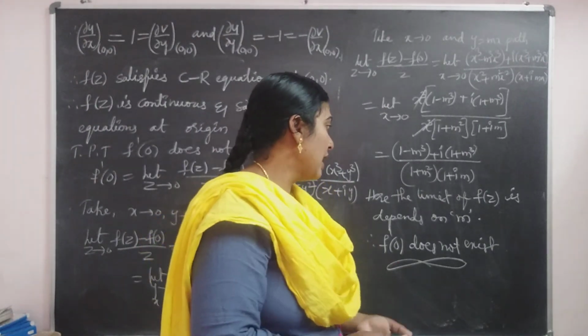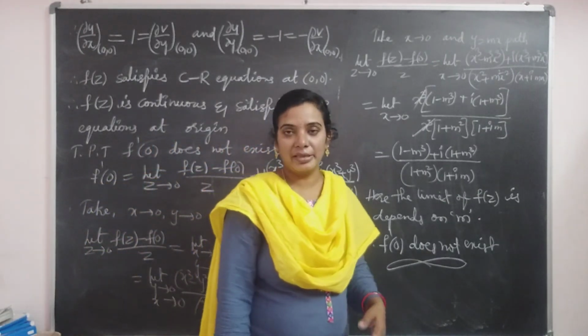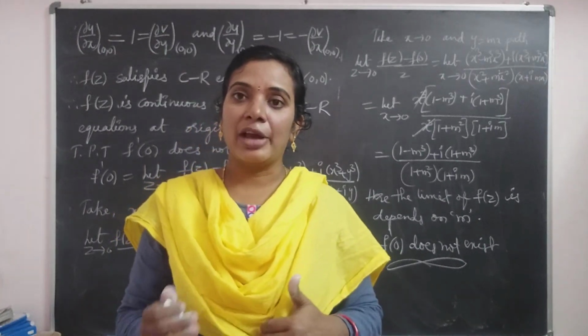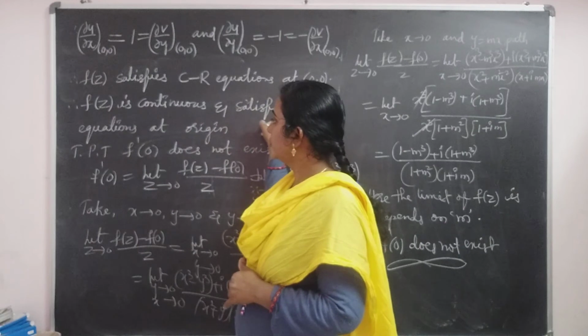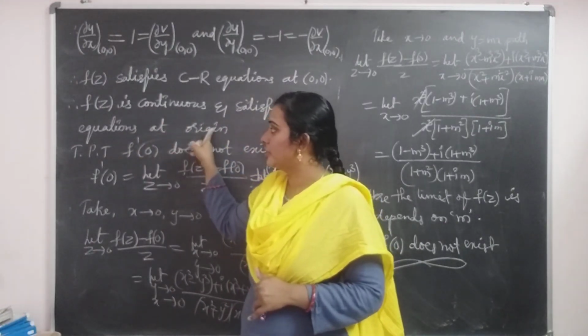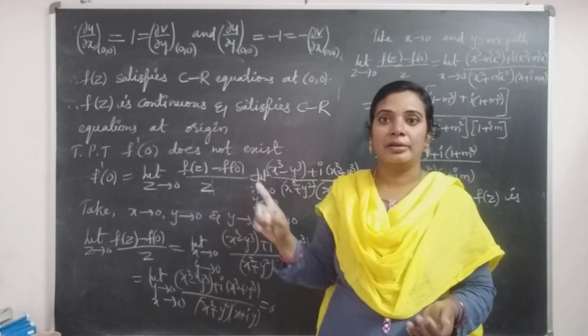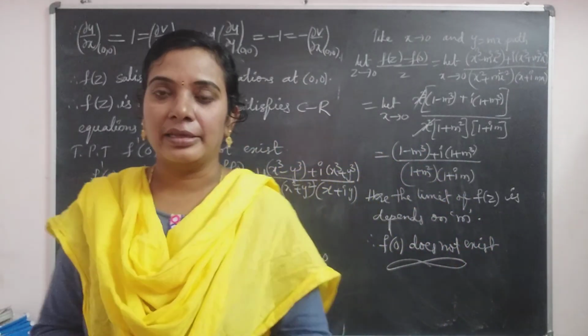So it does not exist at origin. That is, f dash of 0 does not exist. So the function f of z is a continuous function and it satisfies the Cauchy Riemann equations, but f dash of 0 does not exist.